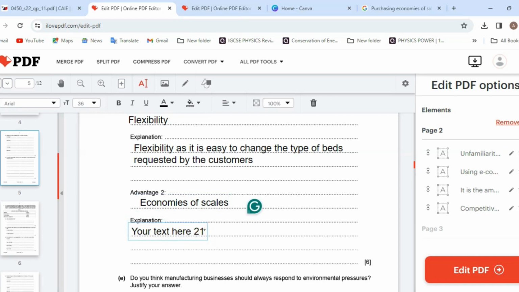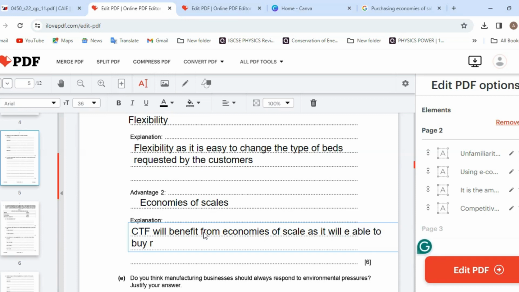It will benefit from it by buying the raw materials in bulk. Let's say CTF will benefit from economies of scale as it will be able to buy raw materials in bulk.